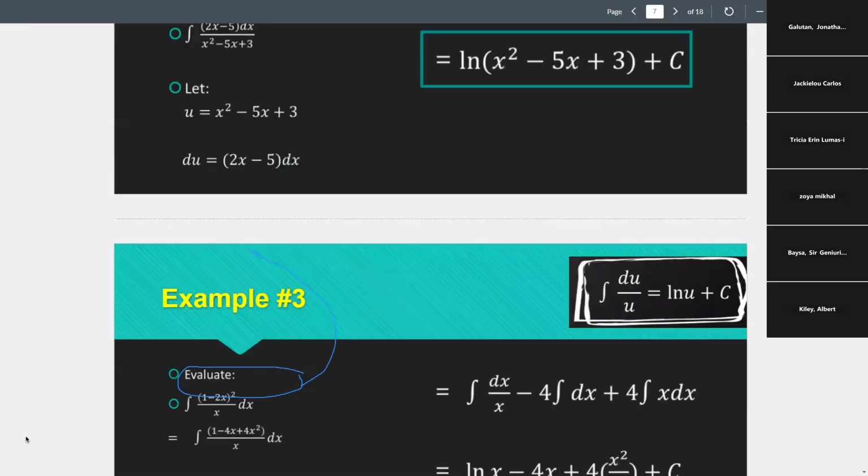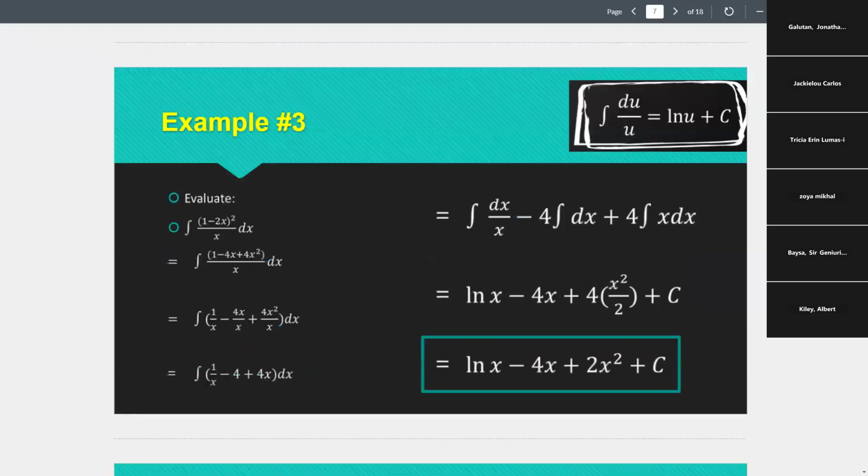Anyway, moving on to our third example. All right, so same thing. We have here our du, and then this is our u.